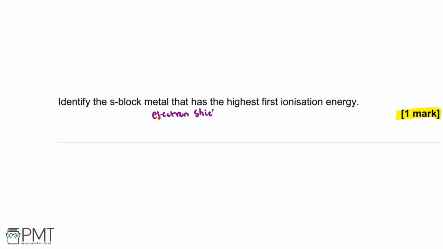So electron shielding is where the other electrons in an atom that are between the outermost electron and the nucleus repel that outermost electron, meaning that it feels less of an attractive force towards the nucleus overall, a lower effective force. This means that the fewer electrons between the nucleus and the valence electron, the higher the first ionization energy will be, as the effective force it's experiencing from the nucleus will be as high as possible.